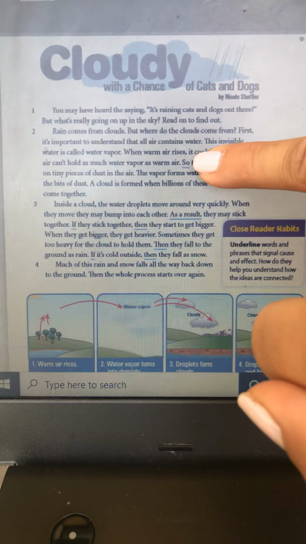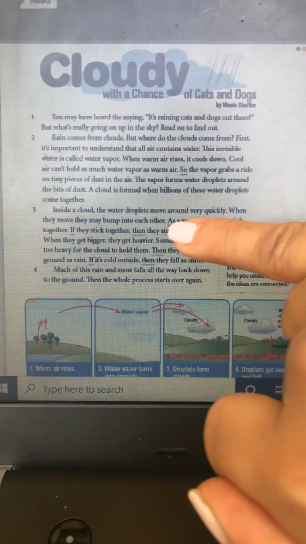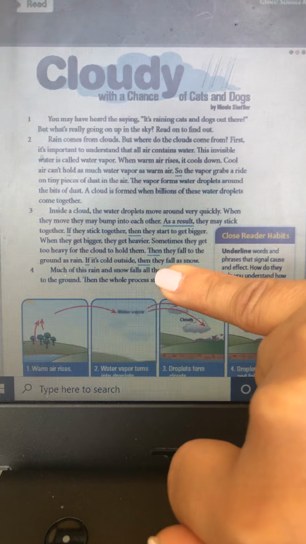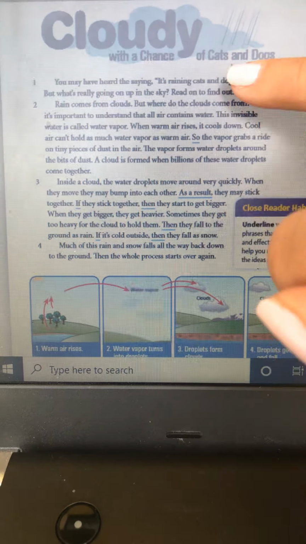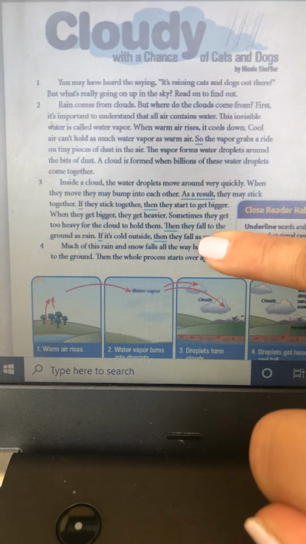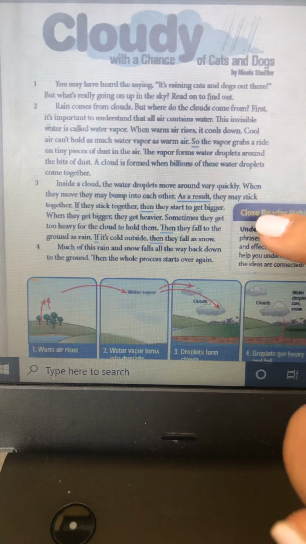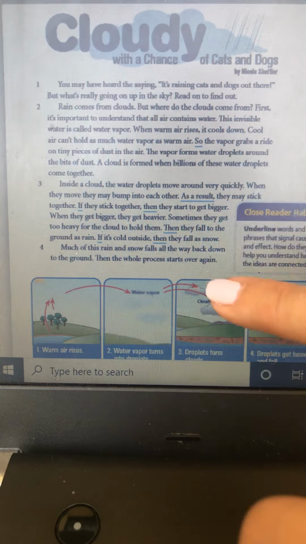Now the words that are underlined, so, as a result, if, then, these are signal words. And as you notice, the text is written in sequential order, in chronological order. First, this happens. Then, so, as a result, finally, right?